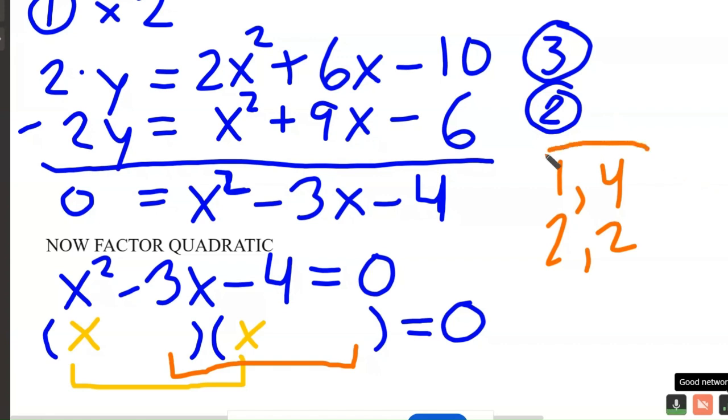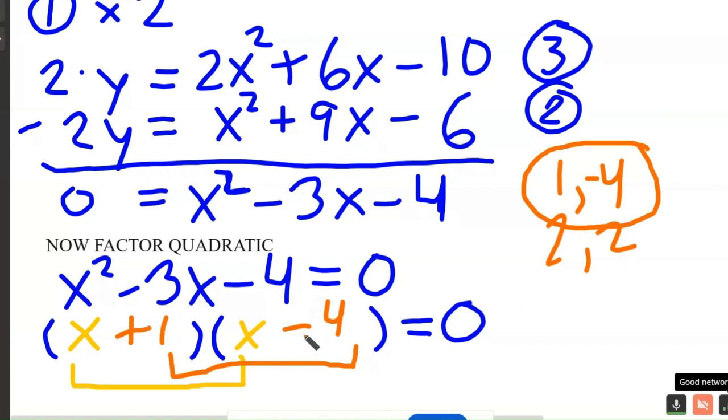Let's go ahead and look at 1 and 4, and we'll make 4 the negative value. So we'll say minus 4, and the 1 is positive plus 1.